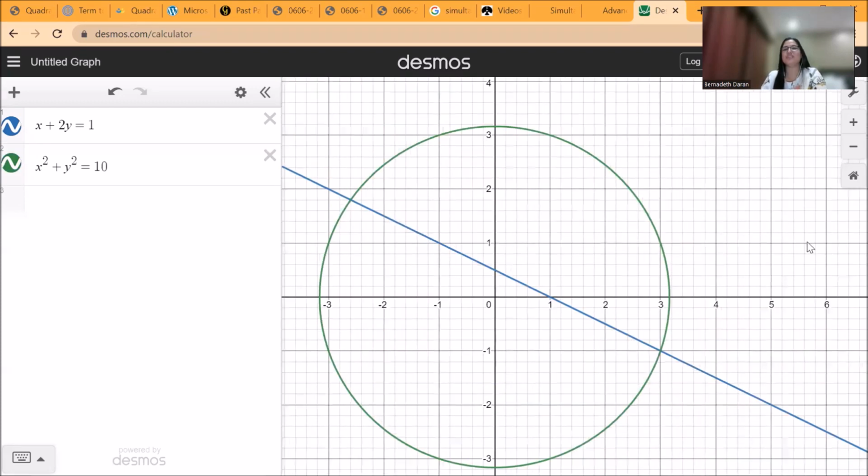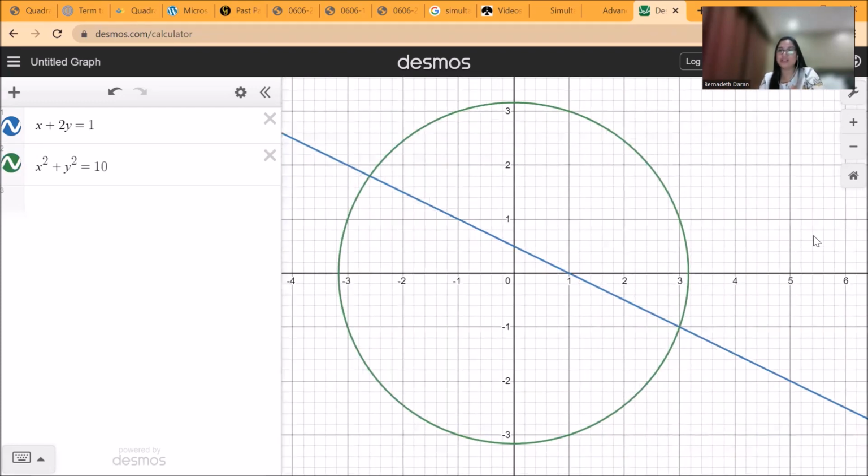And what do you notice between the circle and our linear equation? Did they intersect? Yes. At how many points did they intersect? They intersected at 2 points. And if you'll notice, the first point of intersection is 3, negative 1. So that would mean the value of x is 3 and the value of y is negative 1.